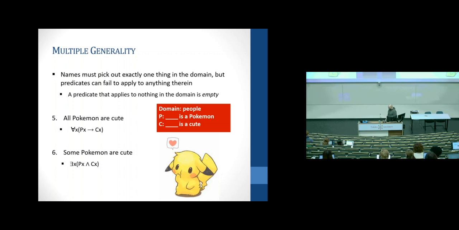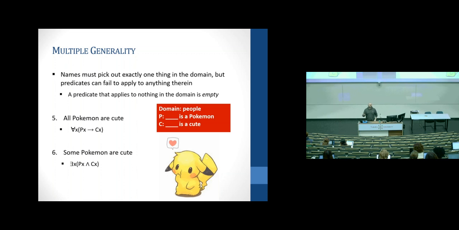Problem. Now, getting ahead of ourselves a little bit, we're going to talk about when FOL sentences are true and false next week. But just thinking about it for a second, on this symbolization key, is sentence 6 true or false?